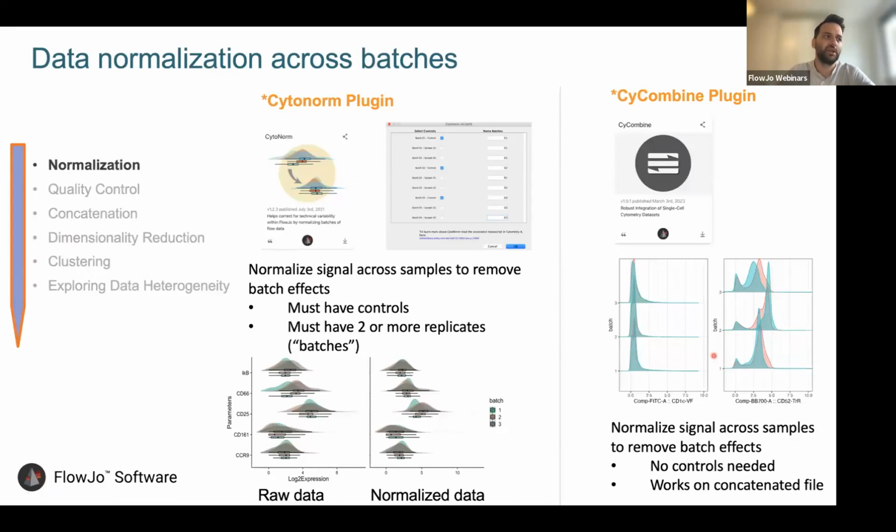It transforms the values in each batch, and then it performs co-clustering to find and revert the expression values to a similar level. So here you can see the differences between the non-corrected and the corrected batches.